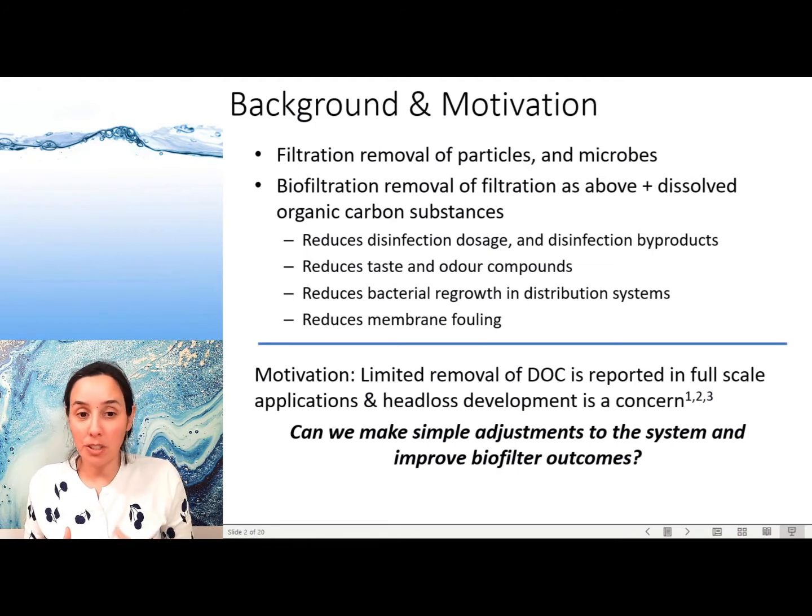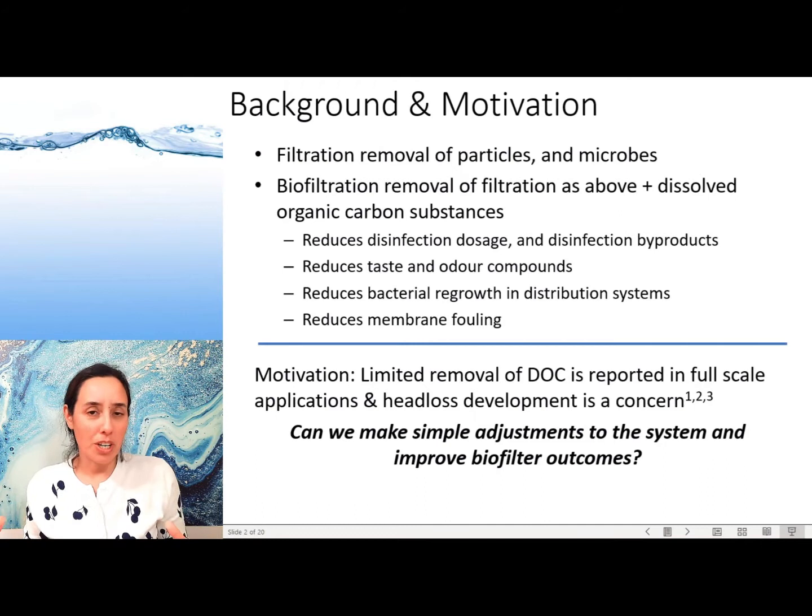In biofiltration, you get filtration and the removal of other dissolved organic substances, which have several benefits, such as reducing disinfection byproducts, taste and odor compounds, bacterial regrowth in the system, and helping minimize membrane fouling if you had a membrane within your system as well.